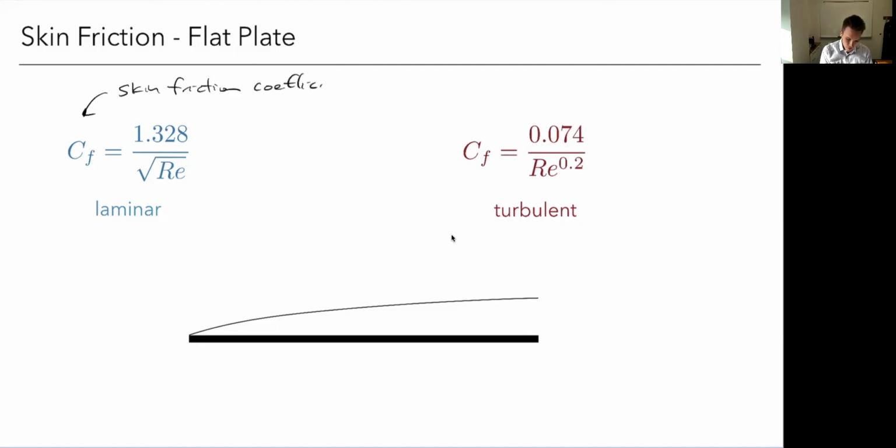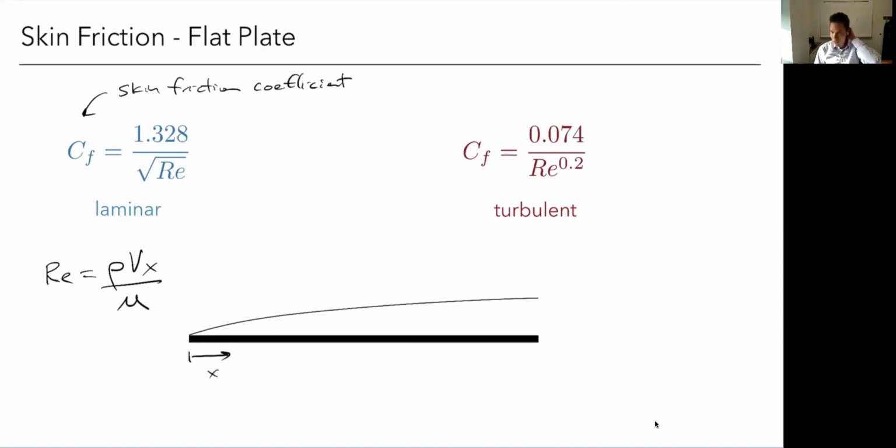And this formula that we're showing on the left is actually an analytic solution based on the boundary layer equations. What it says is that my skin friction coefficient is a function of my Reynolds number, which means that it changes. Reynolds number, just to remind you, is rho v x over mu, where x is my distance as I move along.